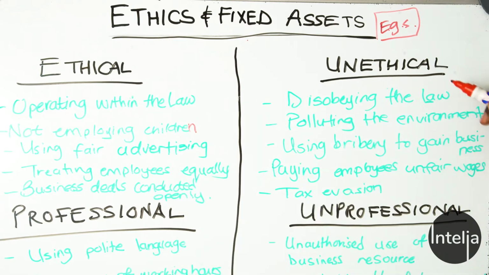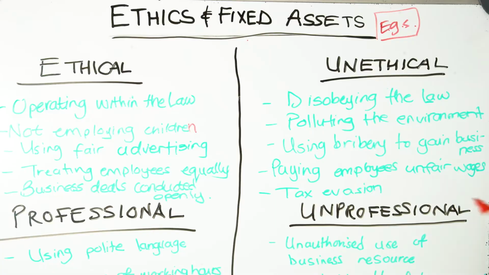Unethical behavior would be disobeying the law, and polluting the environment. Some businesses conduct their business in neglect of the environment, and they pollute using gases, chemicals and so on. Then using bribery to gain business.